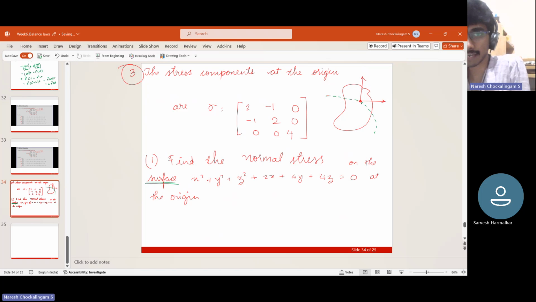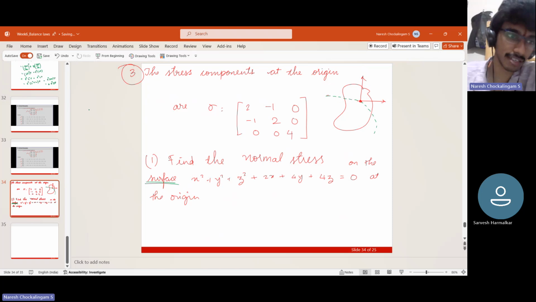Now, as I explained a few classes ago, the stress is defined at a point. You don't need a surface to define the stress. Traction is defined on a surface at a given point. Now find the normal stress on the surface at the origin. So let's look at the first problem.